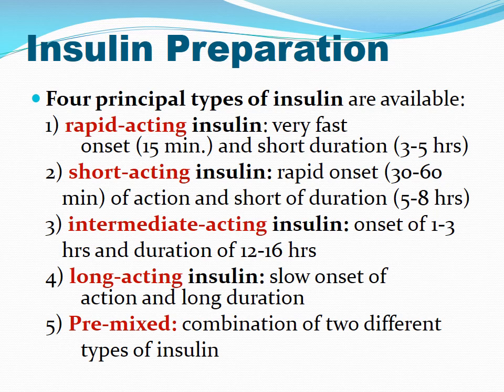Onset is about 30 to 60 minutes, with a duration of action of 5 to 8 hours. Intermediate acting insulins have a slow onset of 1 to 3 hours and a duration of 12 to 16 hours. Long-acting insulins have a slow onset and long duration of action. Pre-mixed insulins are a combination of two different types of insulin together.